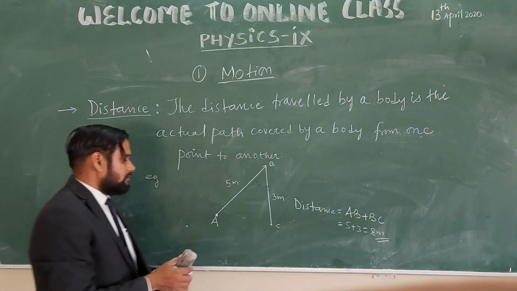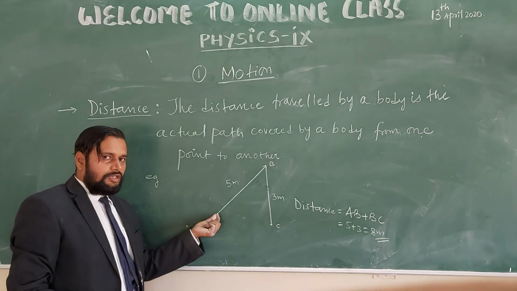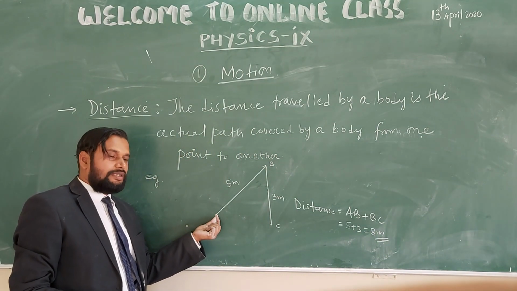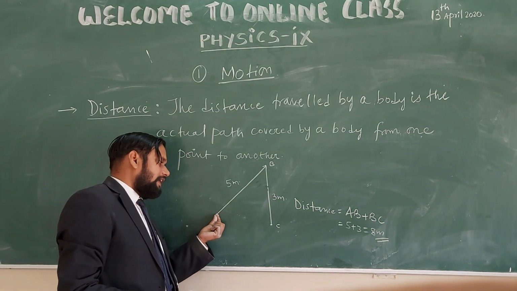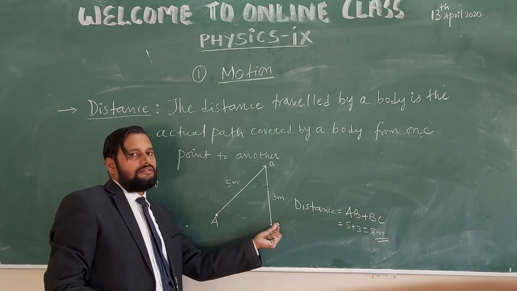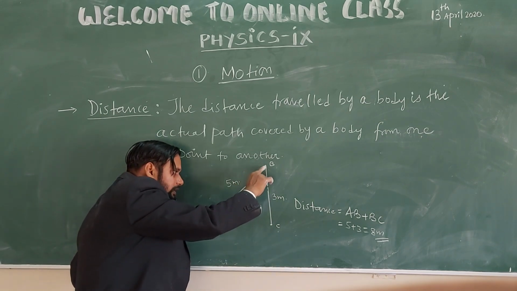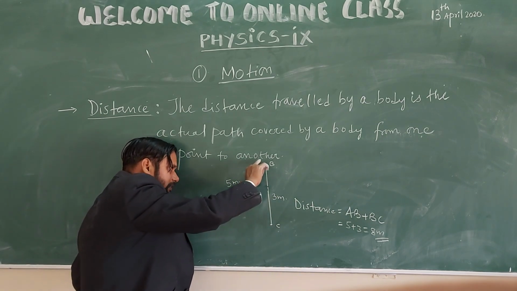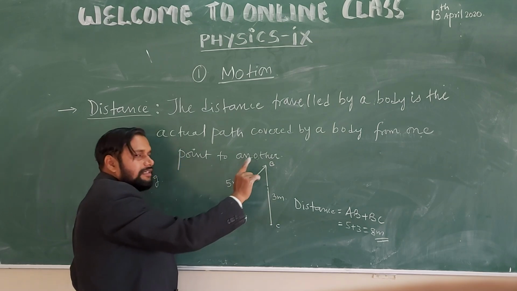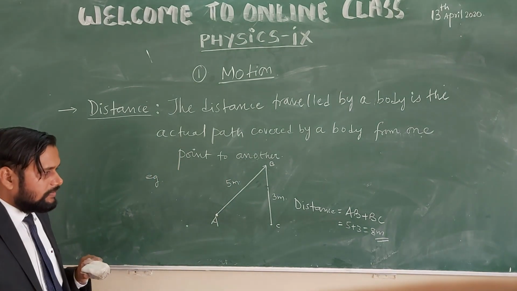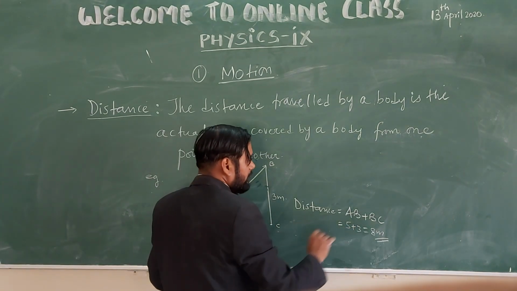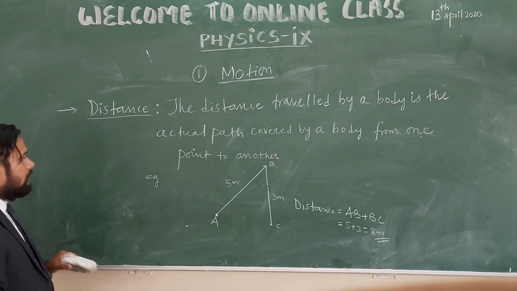So that means this body has covered a distance of 8 meters from point A to point C. Understood? So this path covered by a body is known as distance. So the distance is 8 meters. Alright, next point.